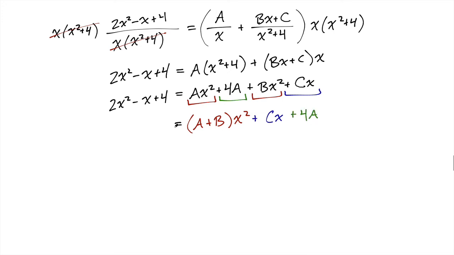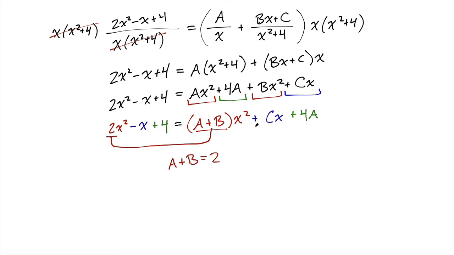And we have terms just like that on the left side. We have an x squared term, we've got our 2x squared, and we've got an x term, minus x, and we've got a constant term, plus 4. So what that tells us then is the coefficient of the x squared on the right side has to equal the coefficient of the x squared on the left side. So a plus b has to equal 2.